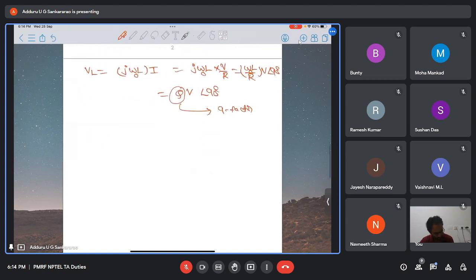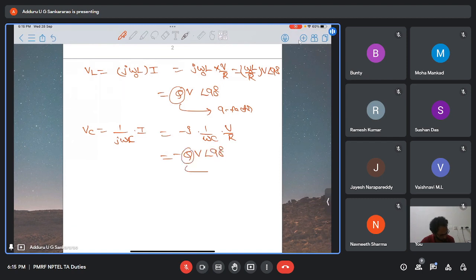Similarly, the voltage across the capacitor is 1 by j omega C into I, that is minus j into 1 by omega C into V by R. This I can write like QV at minus 90 degrees phase.